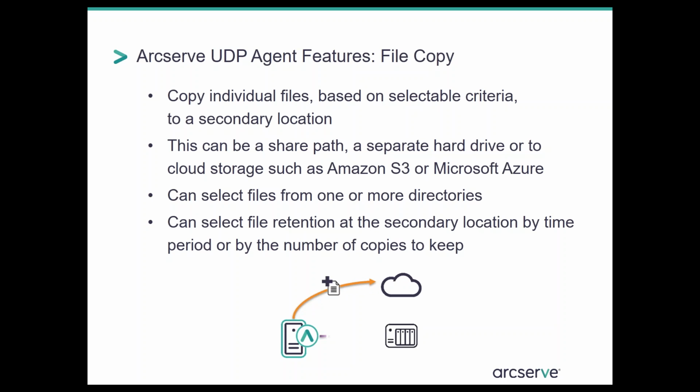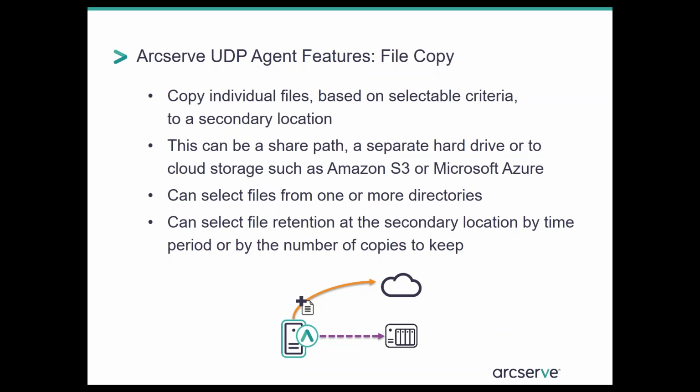Like a copy recovery point, that secondary location can be a separate drive, or it can be a share path to another NAS, or with file copy, we can also send a copy of those files to cloud storage, such as Amazon S3 or Microsoft Azure. We can choose multiple directories. So for example, you might choose to back up the My Documents folder, and you might want to choose to back up a projects folder or any other key folders that you think you need to keep.